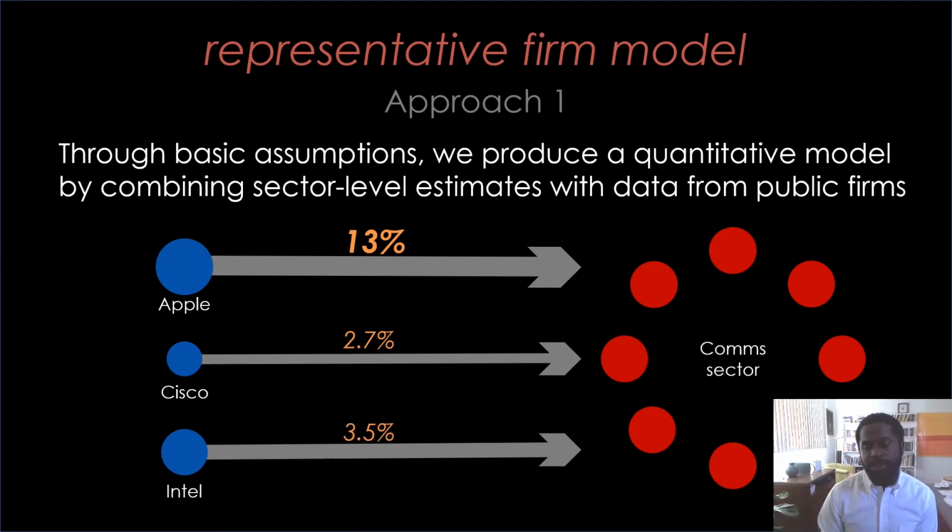Intel, we scale down to 3.5%. This approach allows us to take representative firms and estimate their impact up to the communication sector. These numbers are actually called Gaussian multipliers and have been used in other places. That allows us to analyze representative firms and aggregate up the impact of shocks on individual companies.